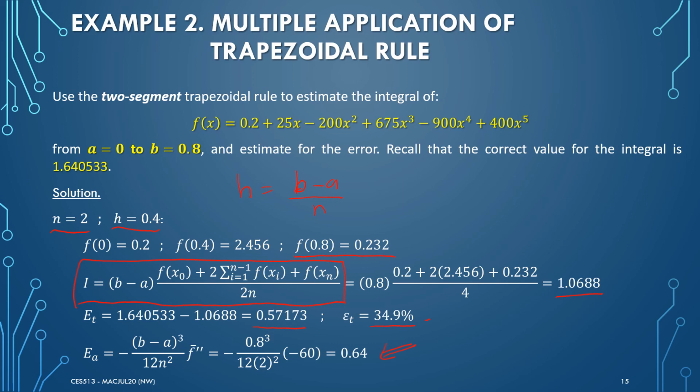So that we get 0.64. Note here the negative 60 is obtained from the previous example, example 1.